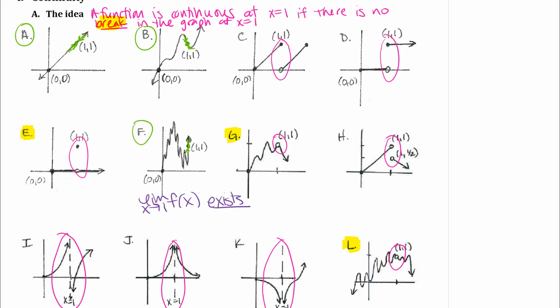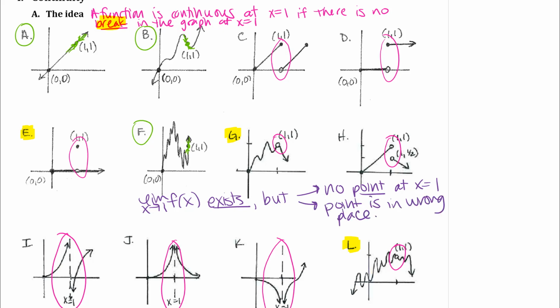But the function has a discontinuity for one of two reasons. Either there's no point at x equals 1, or there is a point in the case of E, but it's in the wrong place. So conceptually, that's the idea of a removable discontinuity: when the limit exists, but there's no point, or the point is in the wrong place.